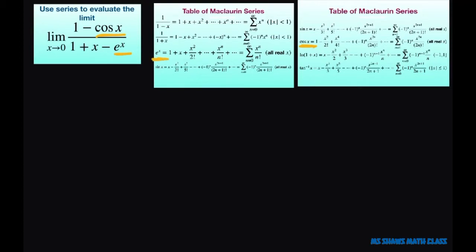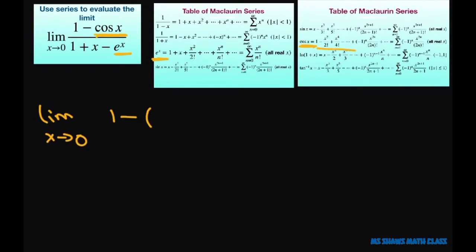So let's go ahead and take care of the numerator first. We have the limit as x approaches 0 of 1 minus, and now we're going to expand cosine of x, and it's right here.